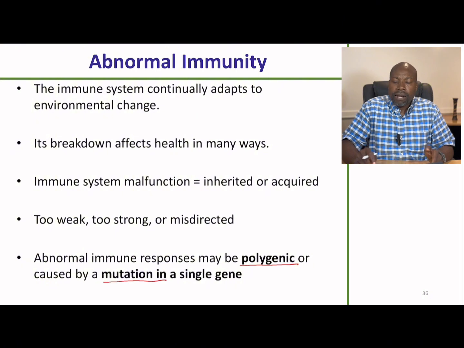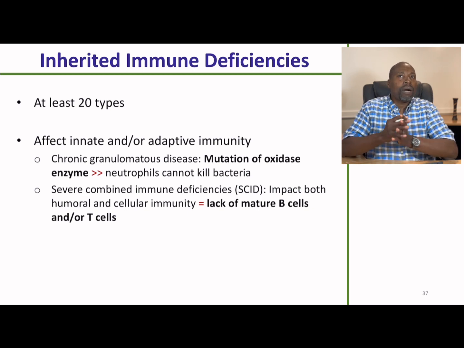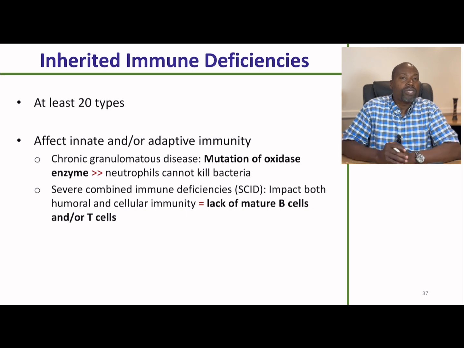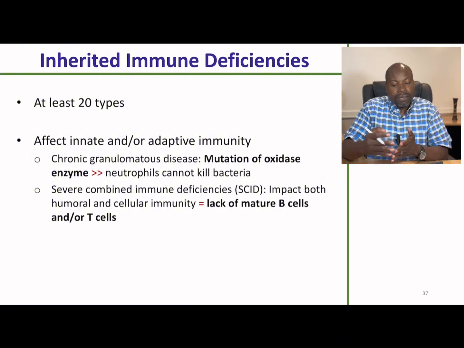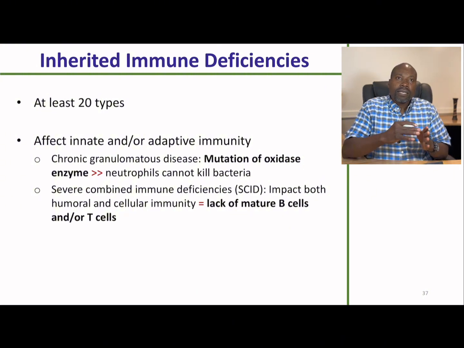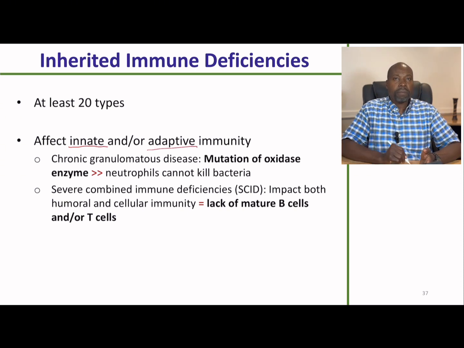To this day, there are about 20 different types of abnormalities in our immune system that are associated with our genetic background. Now, as I say this, immunity issues are associated with both innate immunity but also adaptive immunity.